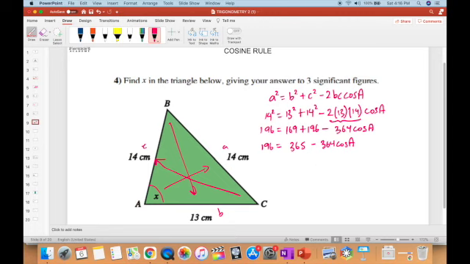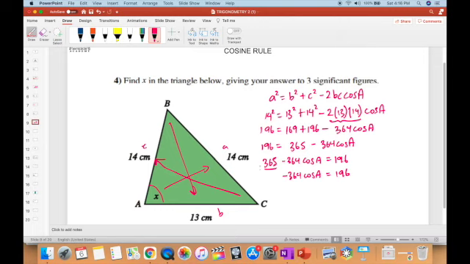Right? I can't subtract these two because this 364 is being multiplied by the cos of A. So let me flip the whole thing first. On this side I'll put the 365 minus the 364 cos A, and that is equal to 196. I'll move this 365 across, so all I'll be left with here is minus 364 cos A is equal to 196.